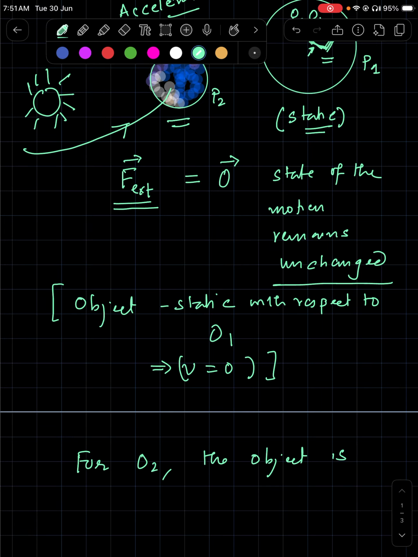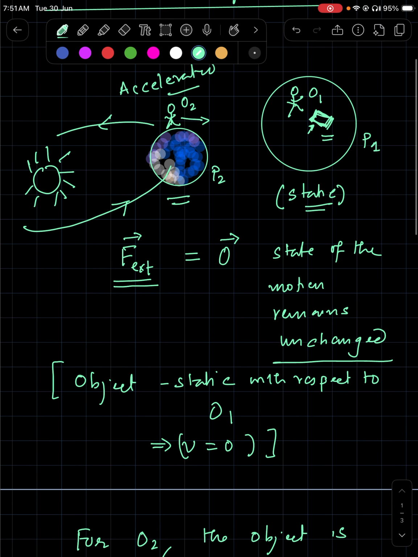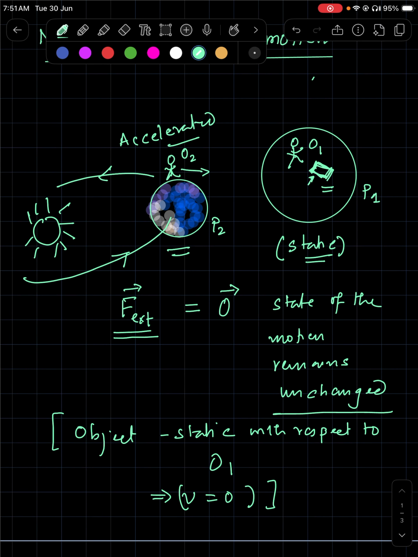So how is it possible? I can pick another observer, O3, say, who is moving in a spaceship with a constant velocity. He or she will see the object moving backwards with the same velocity, right?